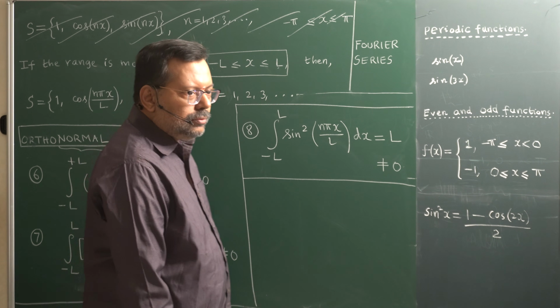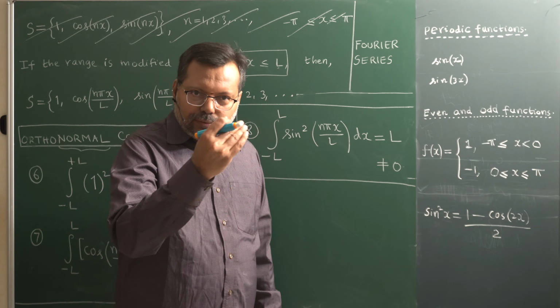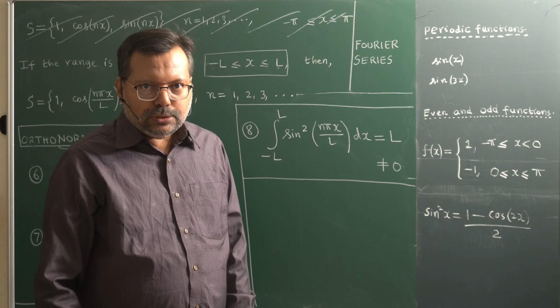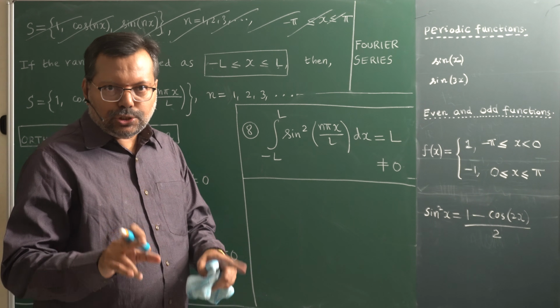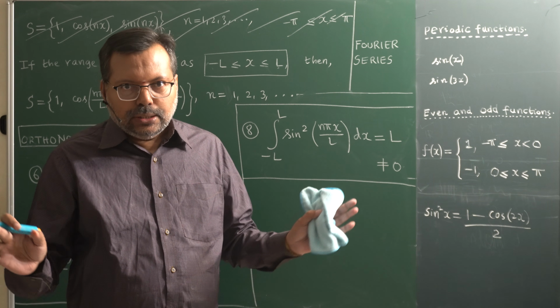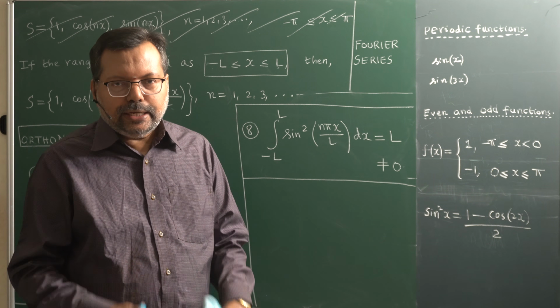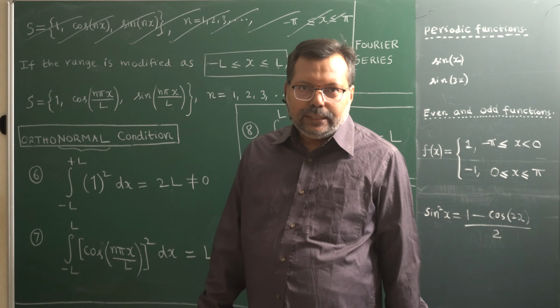So ultimately, how many important conditions are there? Yesterday's class had 5 conditions, all of them 0. Today 3 conditions are there, all of them non-zero. So there are 5 zero conditions and 3 non-zero conditions. If you combine everything, that means 8 conditions together, then the conditions are known as the orthonormality condition.